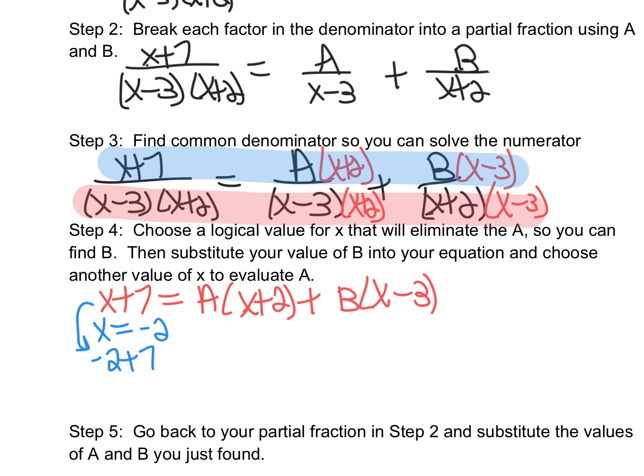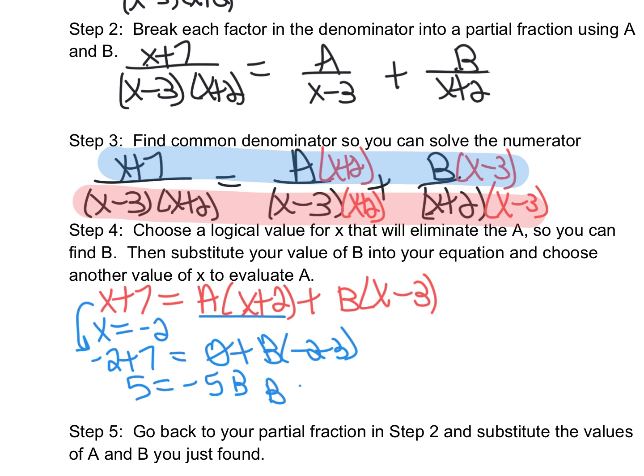Again, I'm just substituting in, equals a times negative 2 plus 2 is 0. So we're going to say that's 0, plus b times negative 2 minus 3. That a cancels out. We get 5 equals negative 5b. So our b equals negative 1.